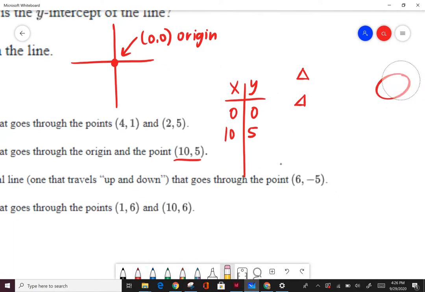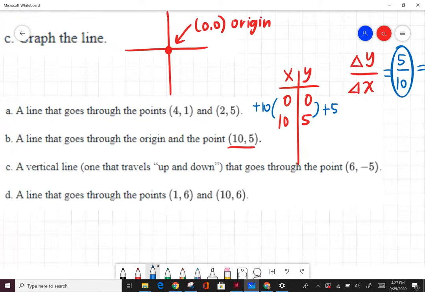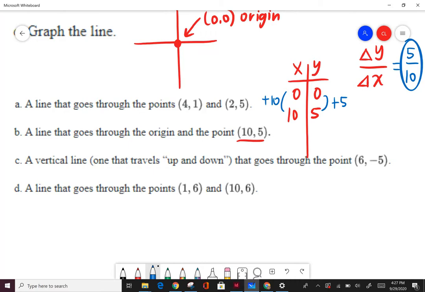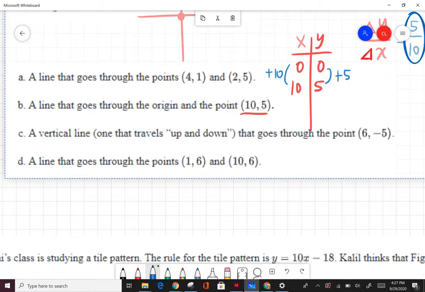And just a reminder, we know to find our slope, it's change in y over change in x. Our change in y is +5. Our change in x is +10. So we have 5 over 10. You could leave it that way, or you could simplify it. It's 1/2.